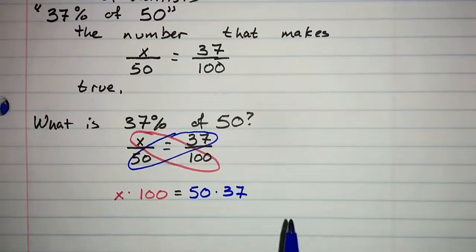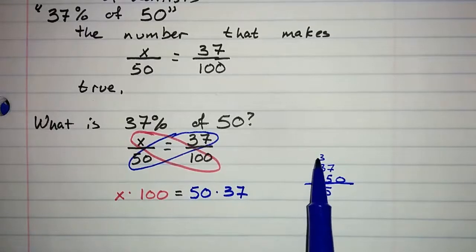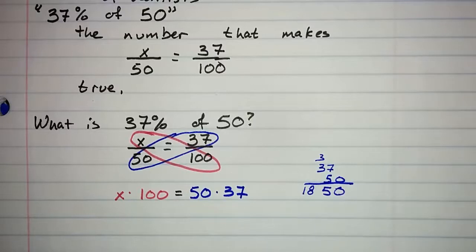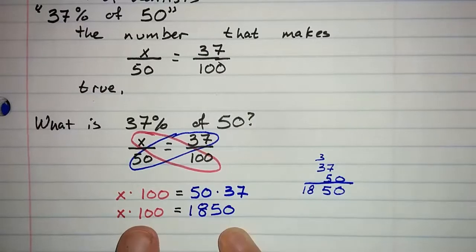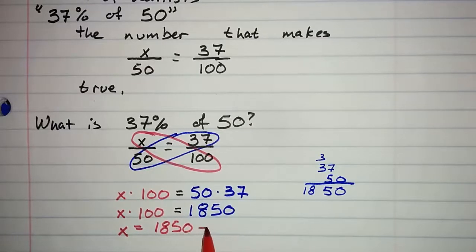Working out this multiplication, 5 times 7 is 35, 5 times 3 is 15, 16, 17, 18. Add in the trailing 0. So x times 100 is 1,850. x is going to be the missing thing in a multiplication problem. Right? So x is 1,850 divided by 100.